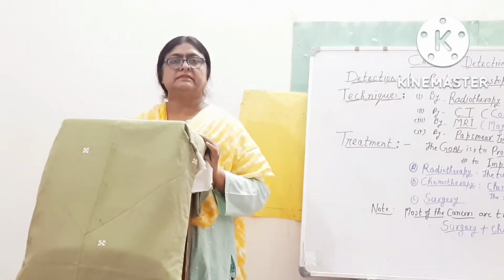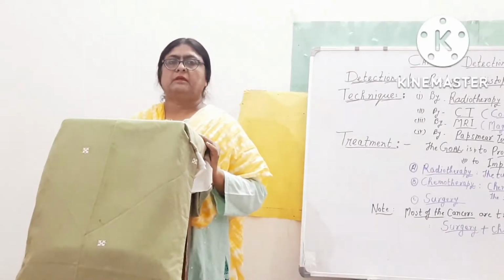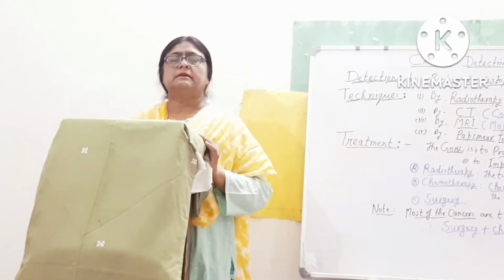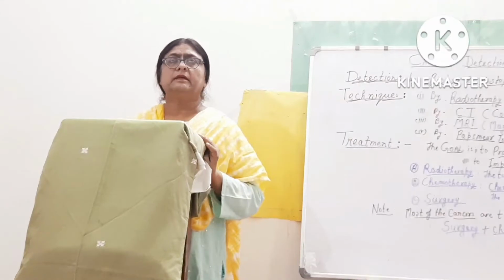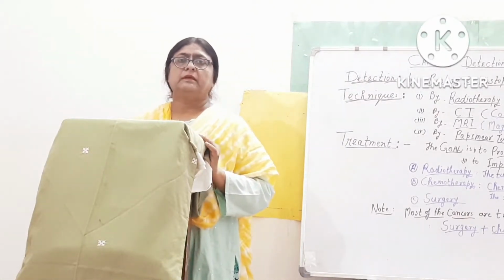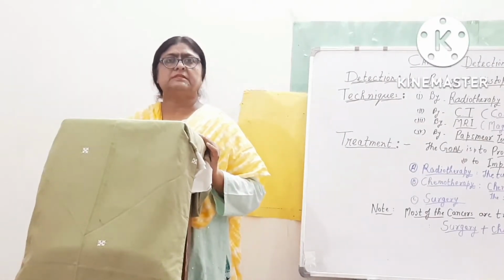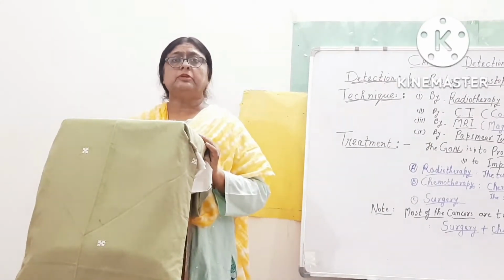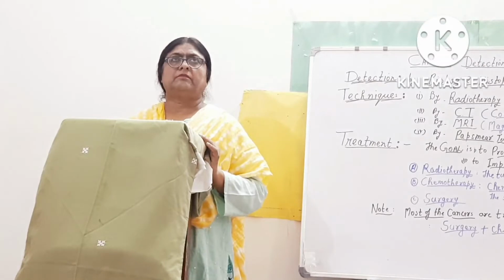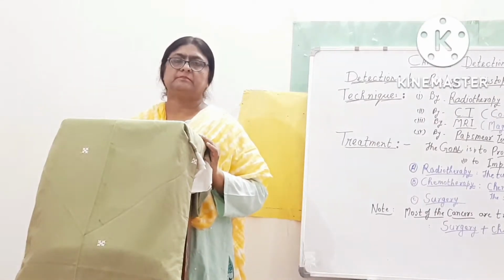the diagnosis, detection and treatment of cancer. Cancer disease, as you all know, is the uncontrolled and repeated division of cells which form tumors of different types. One is malignant and the other is non-malignant.